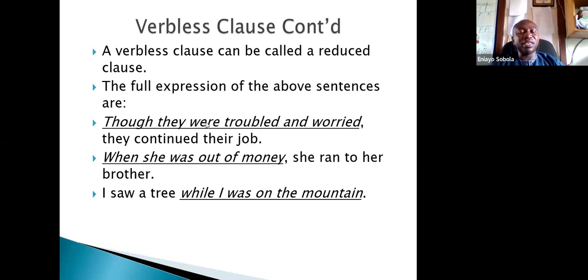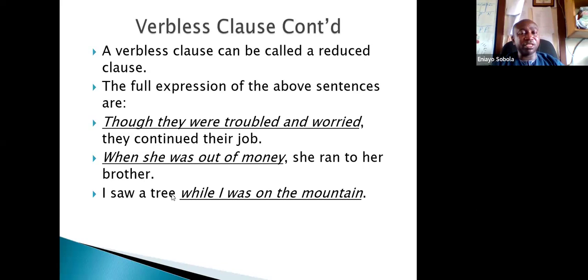And the verb is a form of be verb, which is were. The second example, when she was out of money, she ran to her brother. She, the subject here, is also the subject of the main clause. Was is a form of be verb.